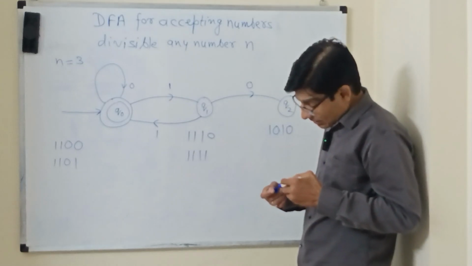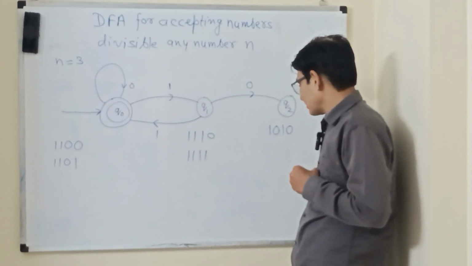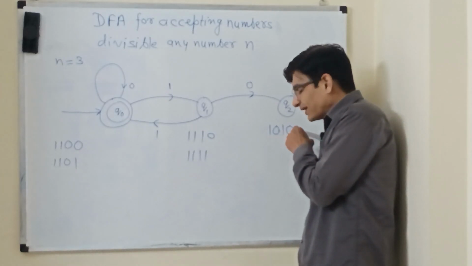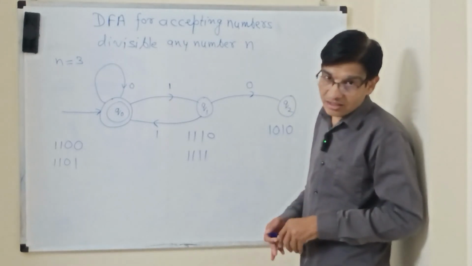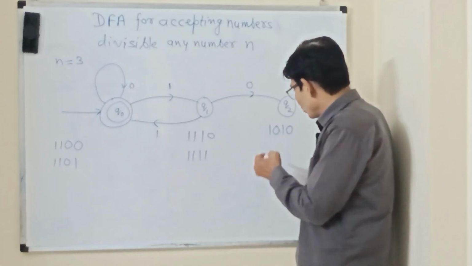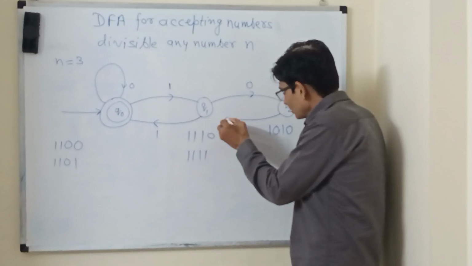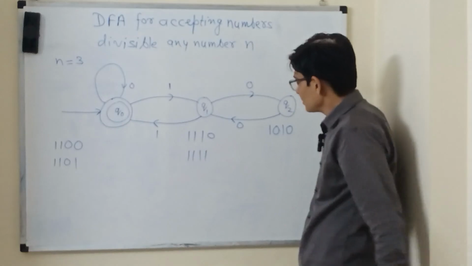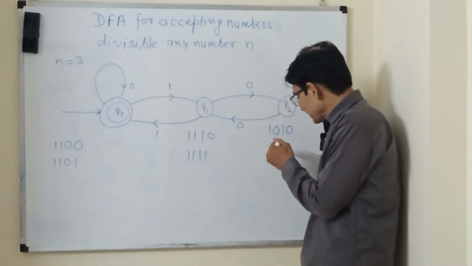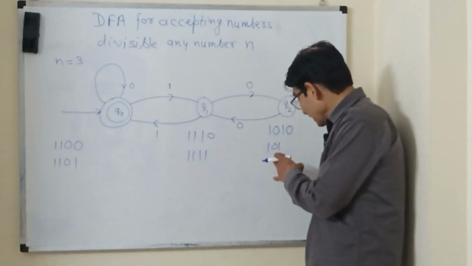That means now we need to find the remainder again. So on dividing by 3, 10 gives remainder 1. So on applying 0, we will move to the remainder 1 state. Now on the same number 101, we are applying 1.